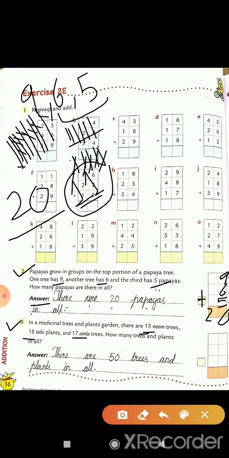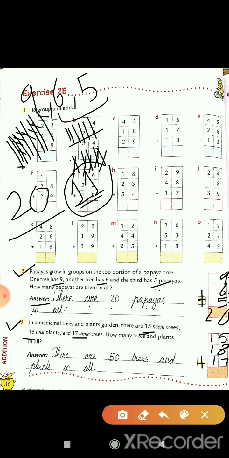So 1 in the column of tens and 5 in the column of ones. Then 18: again 1 in the column of tens and 8 in the column of ones. Then 17: 1 in the column of tens and 7 in the column of ones.